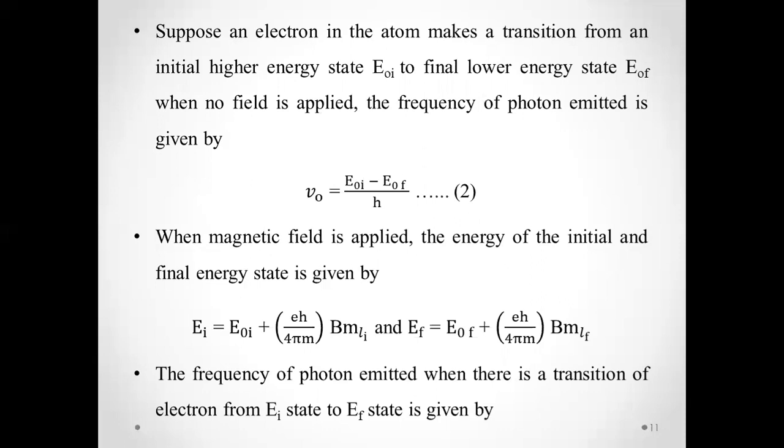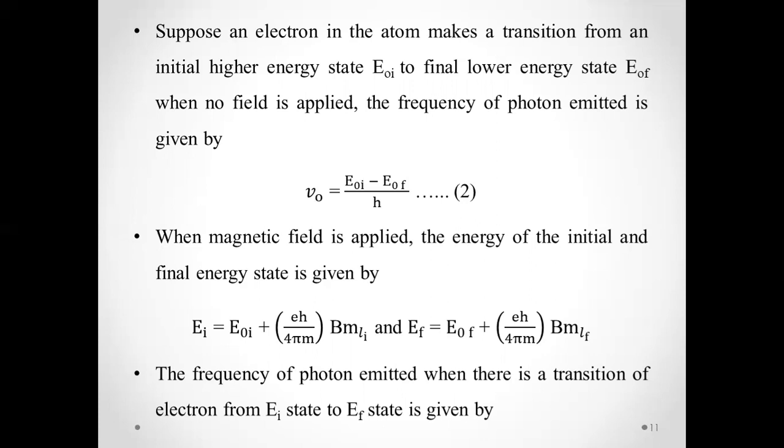When no field is applied, then the frequency of the photon emitted is given by nu naught is equal to E0I minus E0F divided by h. This is equation number 2.